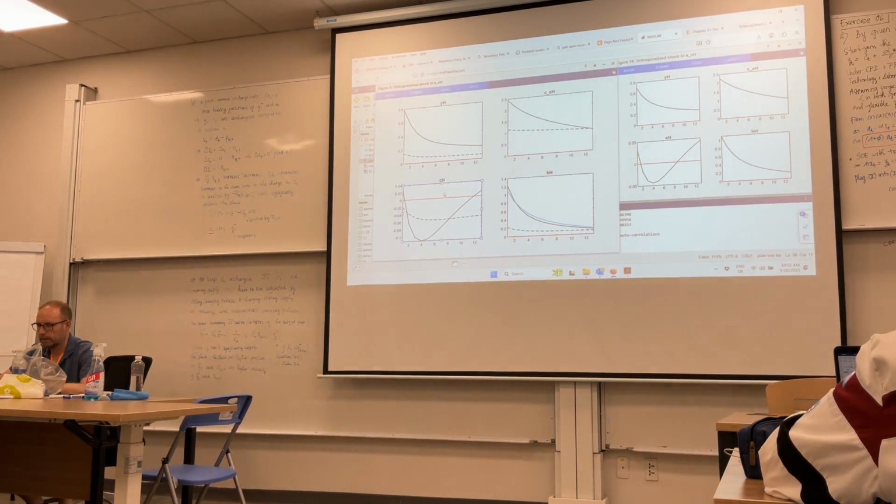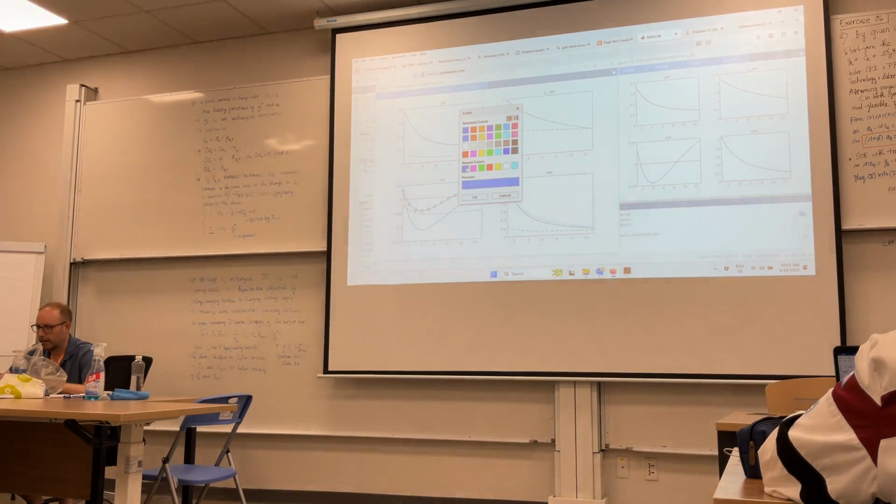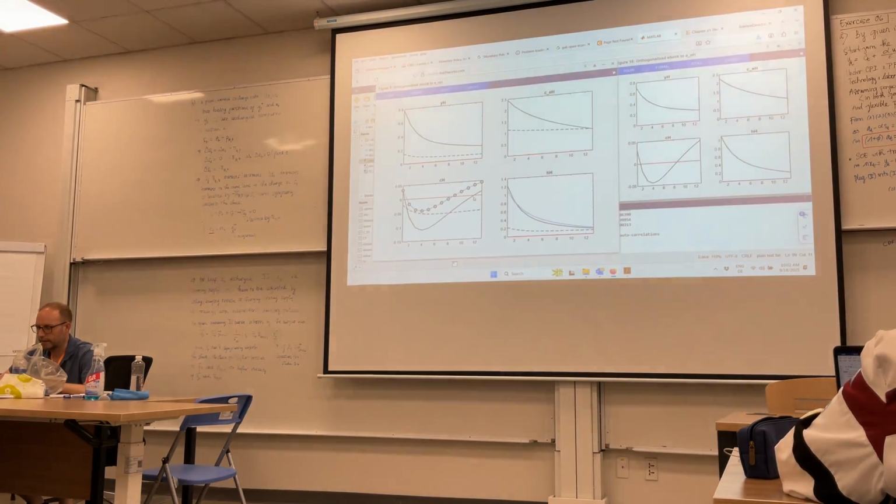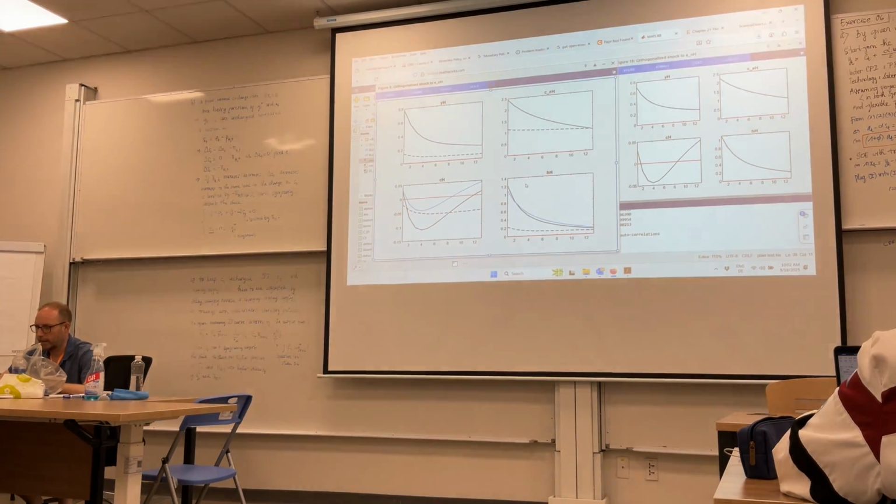The working household now provides labor less elastically, so it's less inclined to increase its labor supply, or change its labor supply. You have to compensate it more.